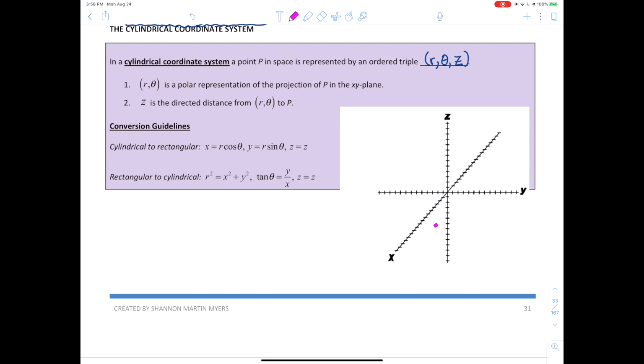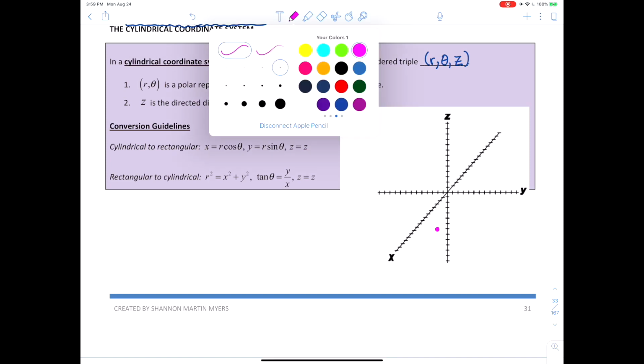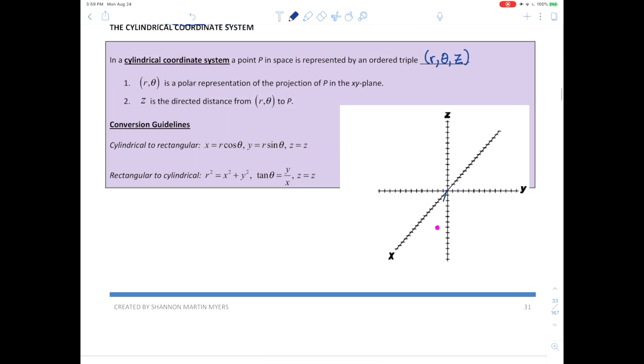Okay, so let's say we have, I don't know, this point here, in the plane. This is before we do our directed distance z. So this will be our r theta, okay? And so we basically have this going on in the plane.